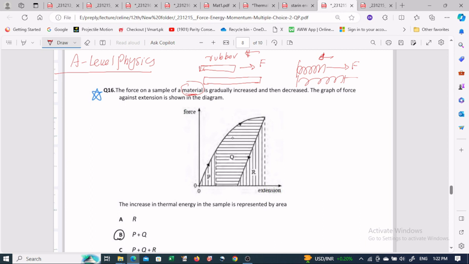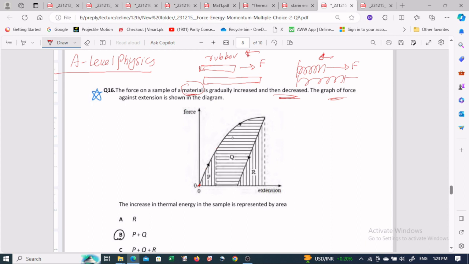Because this is an elastic material, when we decrease the force, the extension will also decrease. So there is a graph shown here in the diagram, a force-extension graph, and you can see that it starts from O. When we increase the force, the graph is directly proportional, a straight line, and this is basically according to Hooke's law.